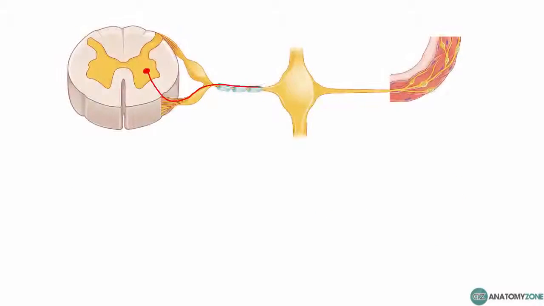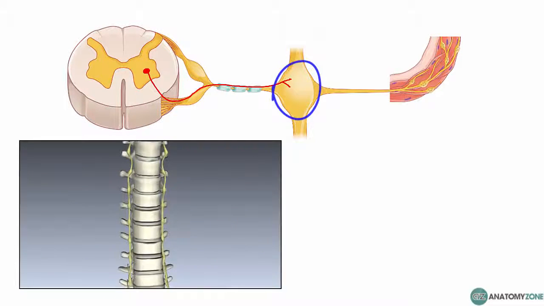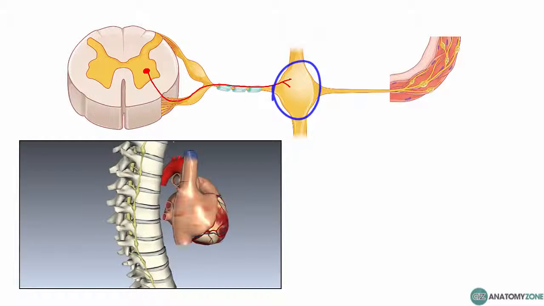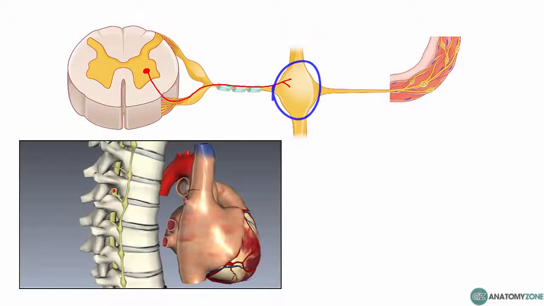So I've just drawn on a preganglionic axon here again in red, and if we imagine that this ganglion here is representative of the paravertebral ganglia, so a ganglion within the sympathetic chain, this would be located just adjacent to the vertebral column, so the preganglionic neuron in this case would be very short. The postganglionic neuron would then extend from the side of the vertebral column to the target organ. So the postganglionic neuron is relatively long.